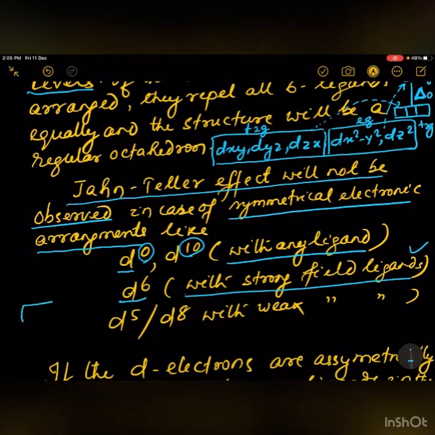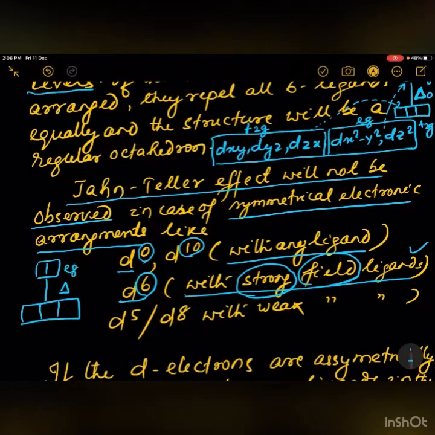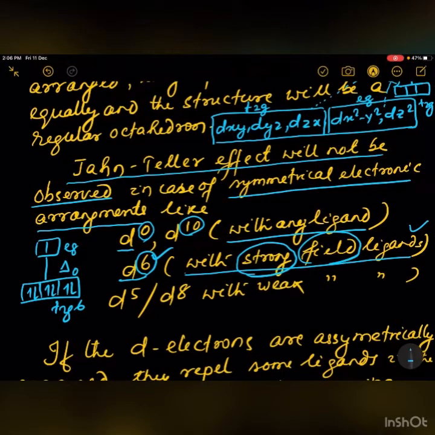You see, this is t2g, this is eg, there are 6 electrons, and this is a strong field ligand, or you can say the 6 ligands are strong field ligands. So the difference between eg and t2g will be more. So these 6 electrons will remain in t2g like this, t2g6. As it is symmetrically filled, in presence of strong field ligands, there will be no Jahn-Teller effect.